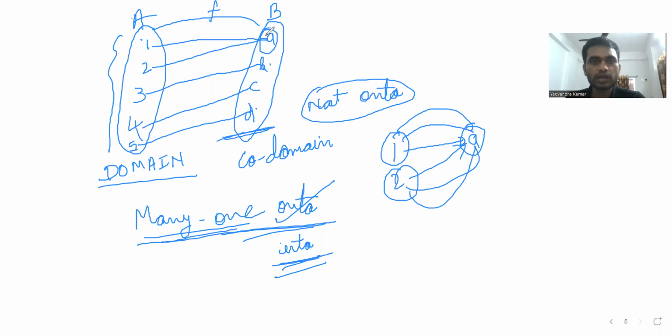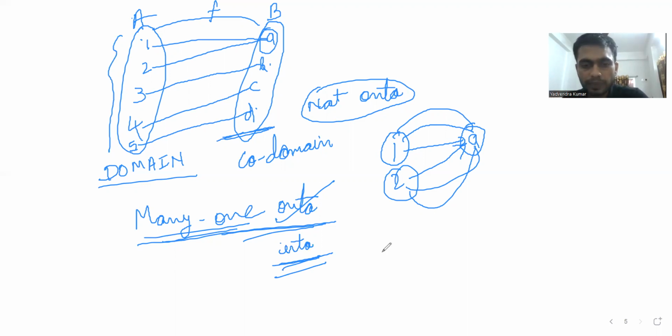So what is 1-1? If every element of B which has a pre-image must have only one pre-image.